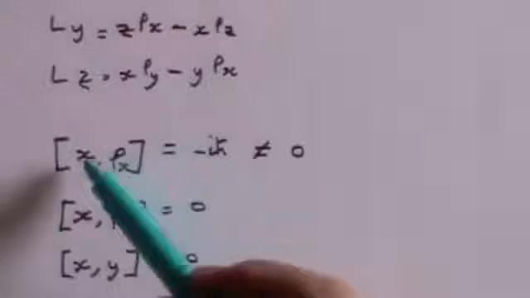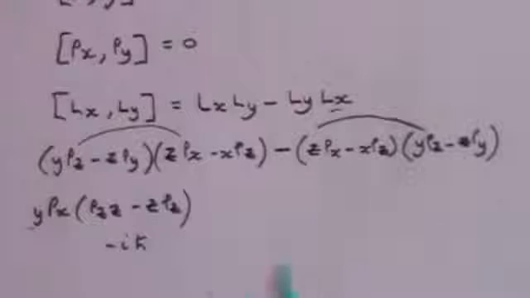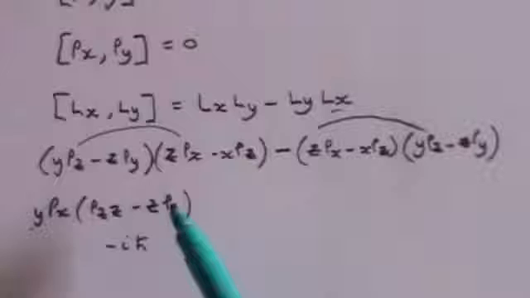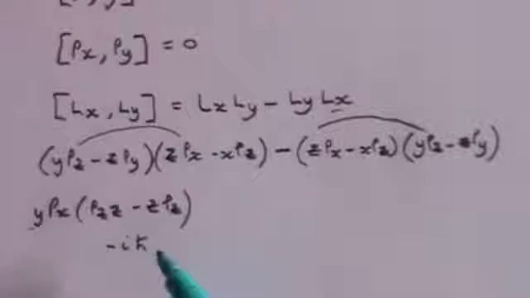The commutator of x with px is not minus iħ, it's plus. I hope I will have put an annotation to that effect as soon as I made the mistake. But that should be plus iħ if you do x with px. So consequently, if you do pz with z, because this is actually the commutator of pz and z, you get minus iħ.